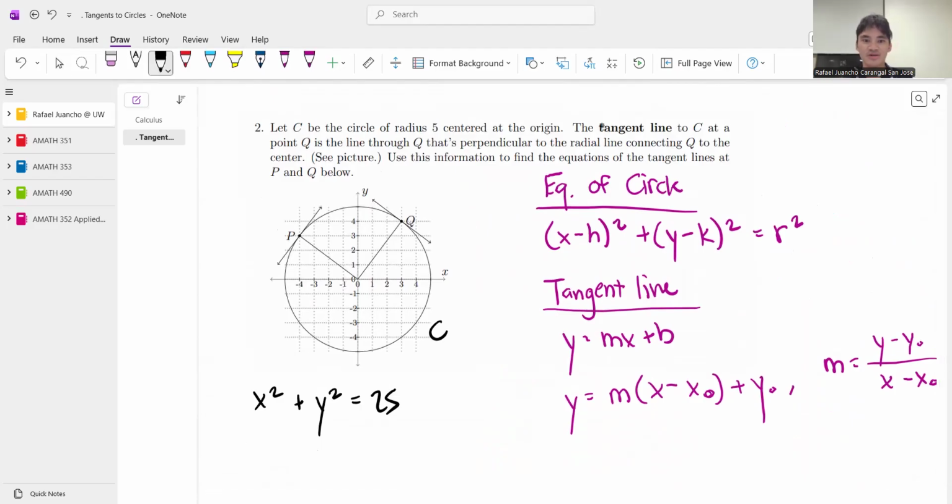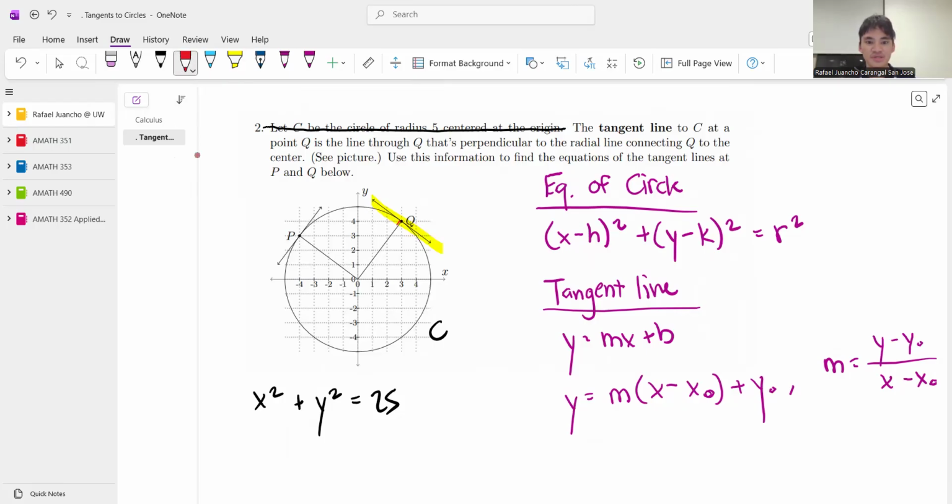Now, the next thing. We've gotten this out of the way. It says the tangent line to C at a point Q, so it's actually referring to this line. When we're problem solving, we want to really read through what we're solving for. So this tangent line to C at a point Q is the line through Q that's perpendicular to the radial line connecting Q to the center.